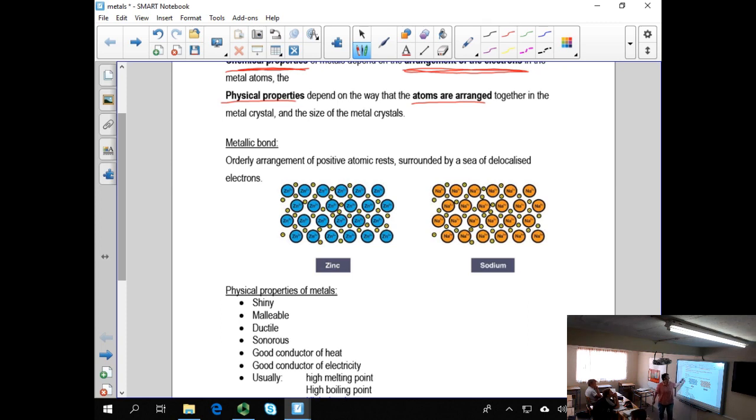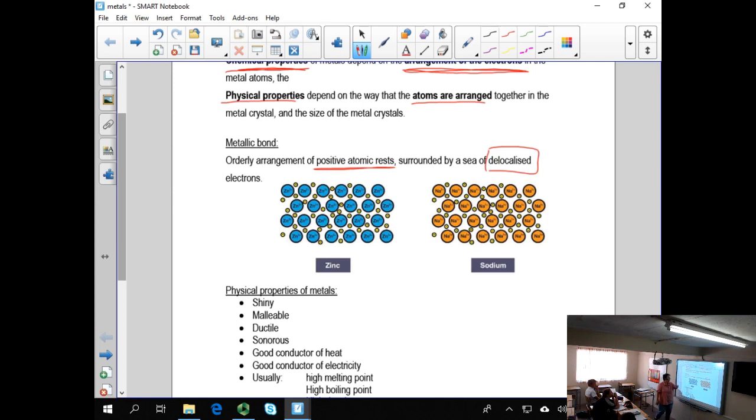Yes, we say the orderly arrangement of positive atomic rests, and they are positive, so where are the negatives? The outer shell electrons, they become delocalized. What does delocalized mean? They can move from one atom to another. It's as if they don't stick to the atom that it should be with.